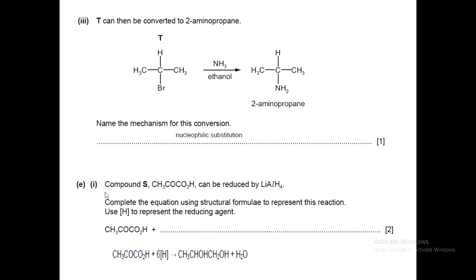In the E part, compound S, this is the compound S, can be reduced by lithium aluminium hydride. Complete the equation showing structural formulae to represent this reaction. Use H to represent the reducing agent. So here the S molecule contains a carbonyl group and a carboxylic acid group. When reduction is done in this manner by addition of hydrogen, the carbonyl, that is a ketonic carbonyl, is converted into a secondary alcohol.